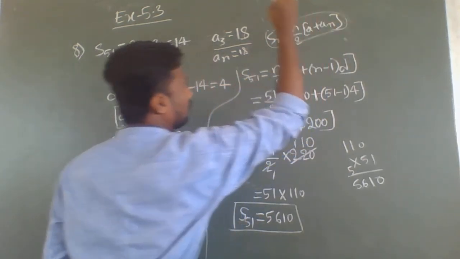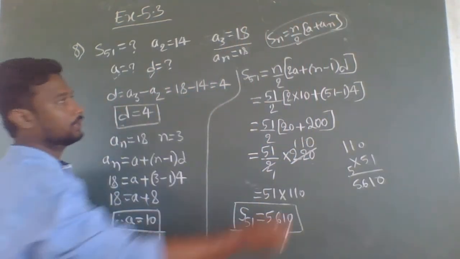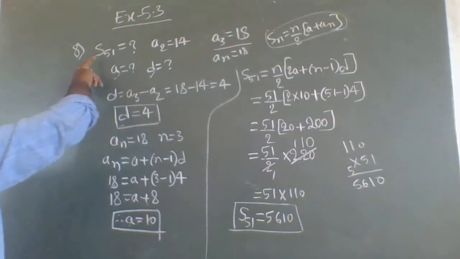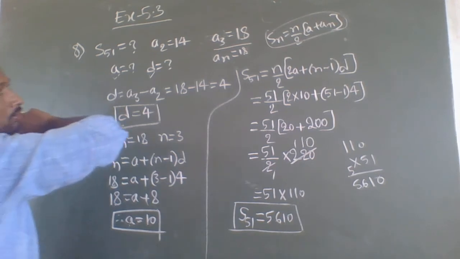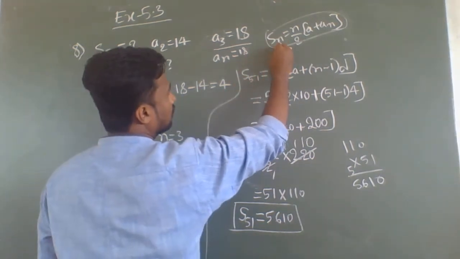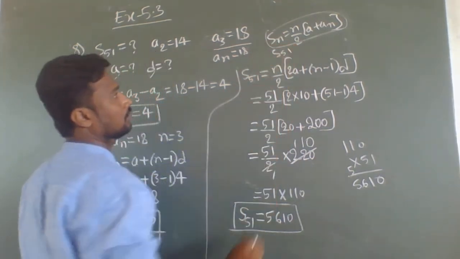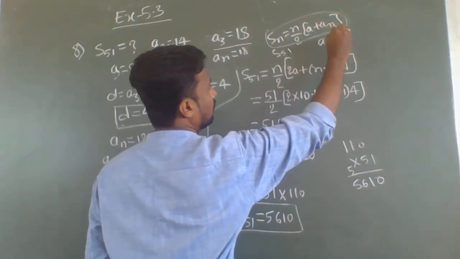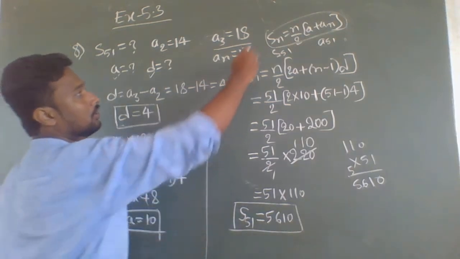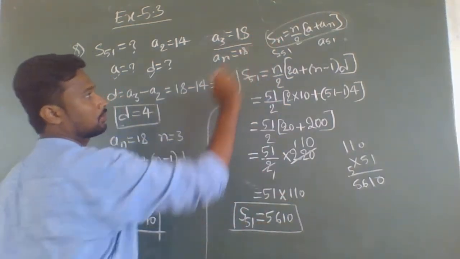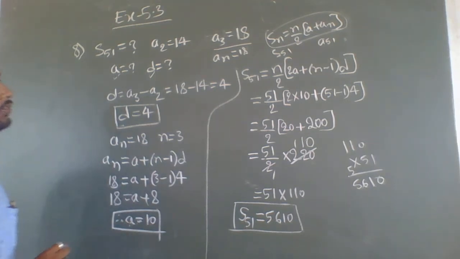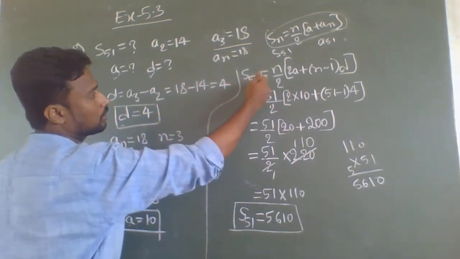Why? We don't have the value of An, because we have to calculate S51, and we would need the A51 value to get S51 using this formula. But we don't have the value of A51.